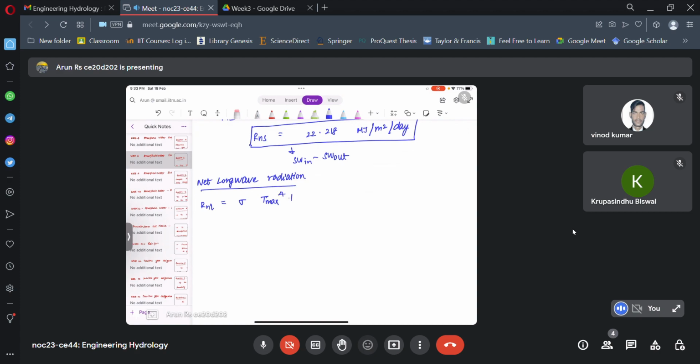Temperature max to the power 4 plus temperature minimum to the power 4, divided by 2, multiplied by 0.34 minus 0.14 into square root of your actual vapor pressure, multiplied by 1.35 into RS divided by RS naught, minus 0.35.